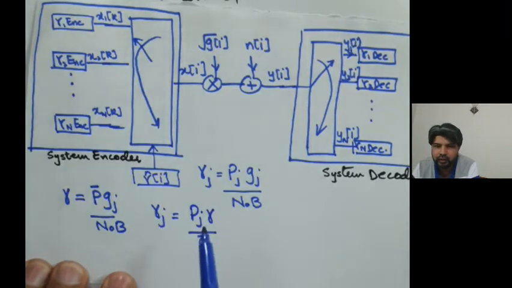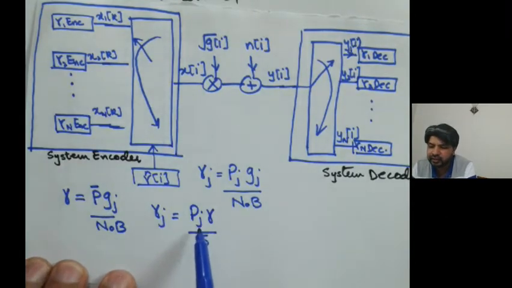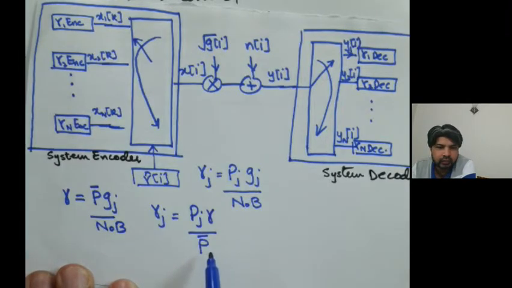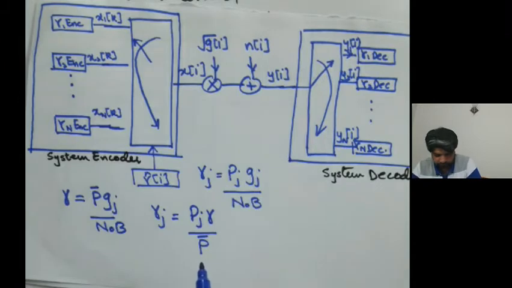So in a way, you are normalizing the current power, which you are transmitting for the current state j, by the average power that you are allowed to transmit, times gamma, which is related to the current state of the channel. So that is how we would define gamma j, and that would be equals to Pj gamma over P bar. So that is gamma j for you.